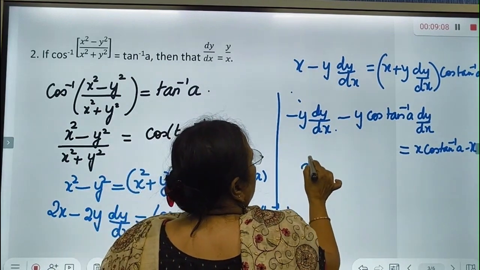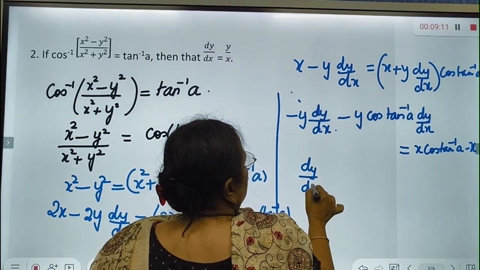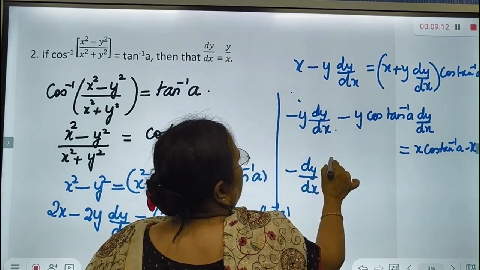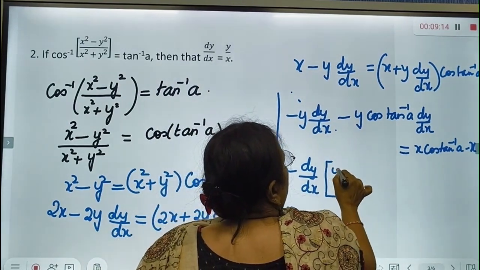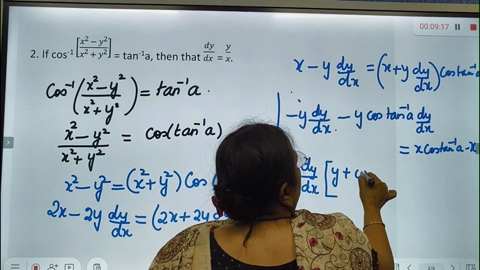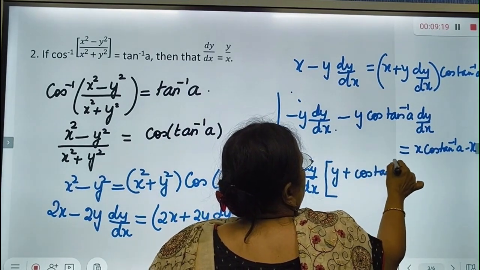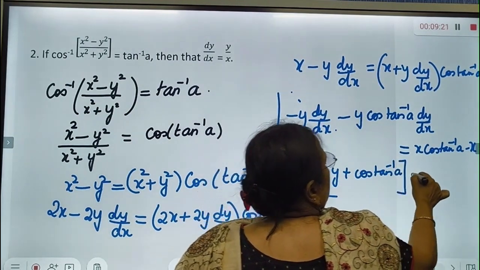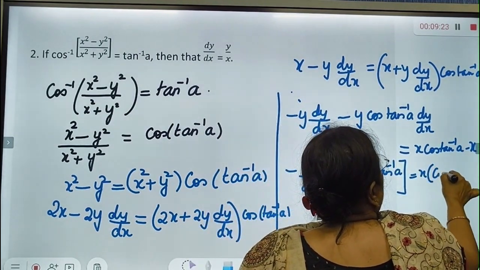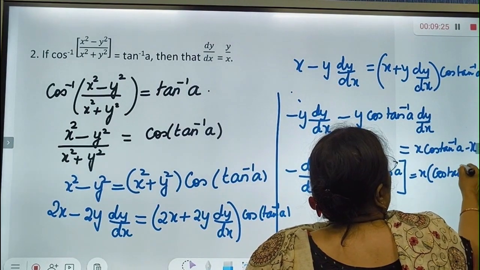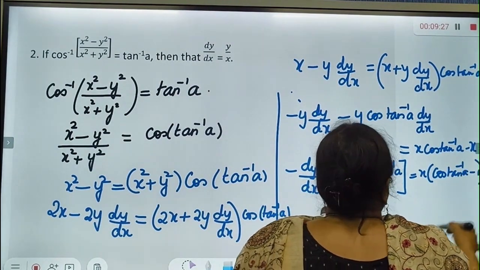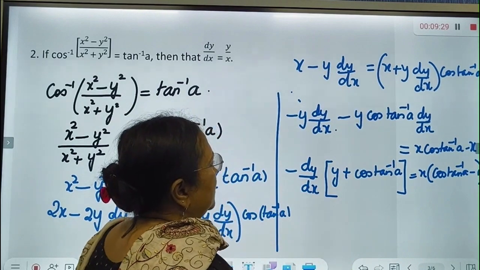So, dy by dx minus dy by dx will be y plus cos of tan inverse A equal to x into cos of tan inverse A minus 1. Okay.